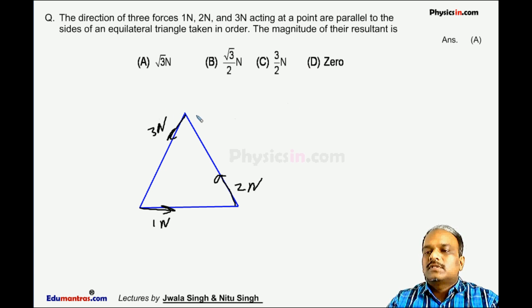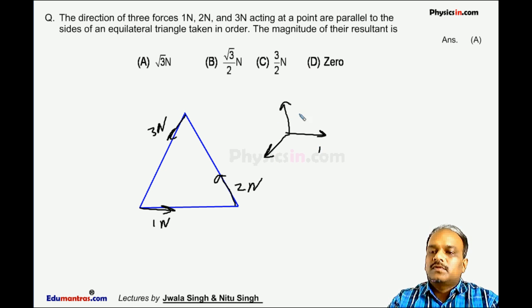The magnitude of their resultant: if you see, 1 Newton will cancel out with 1 Newton, so 1 Newton is remaining from the 2 Newton. Here it is 3 Newton, so 2 Newton is remaining. So we have to find the resultant of 1 Newton and 2 Newton.